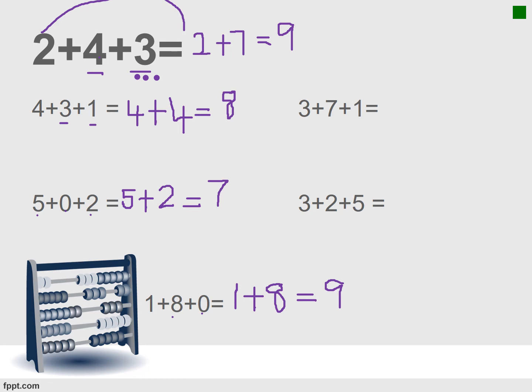Next, what are the last two numbers here? 7 and 1. So let's write number 3 here. Plus 7 and 1. 7 and 1 is 8. So let's add these two numbers. 3 plus 8 is 11.